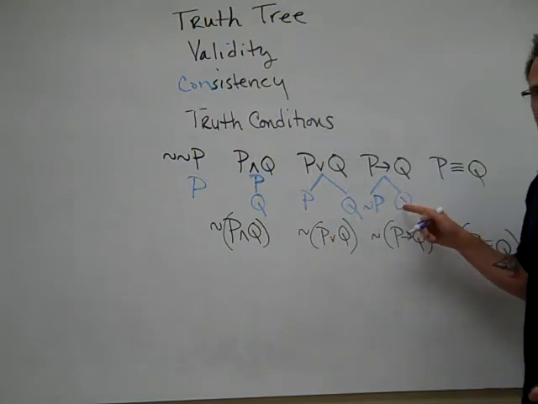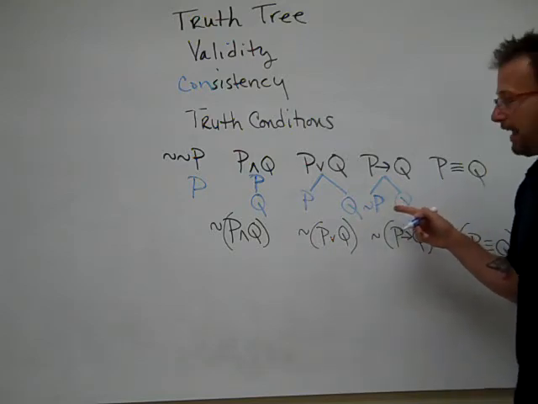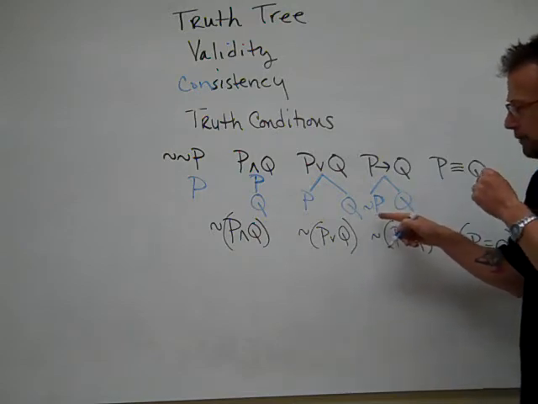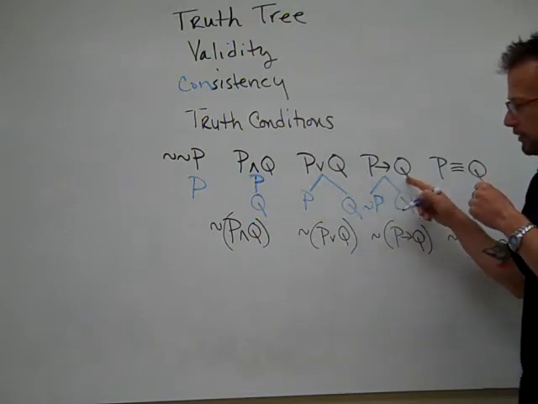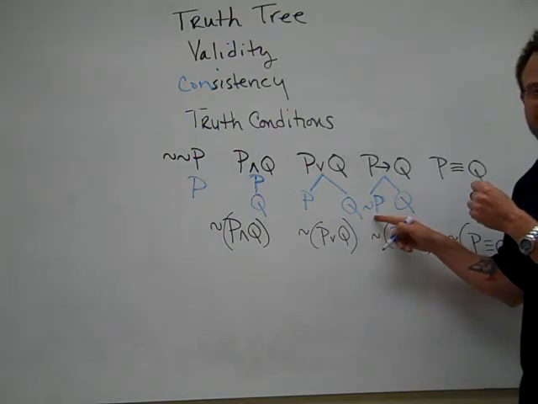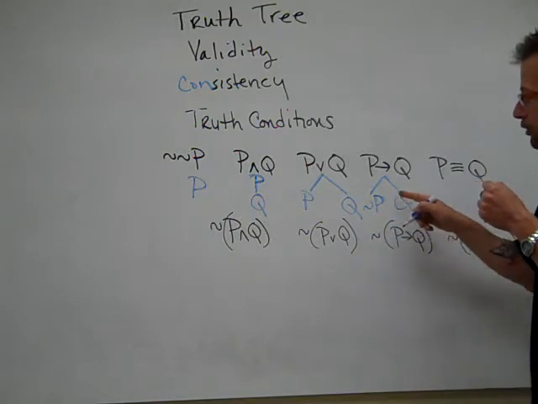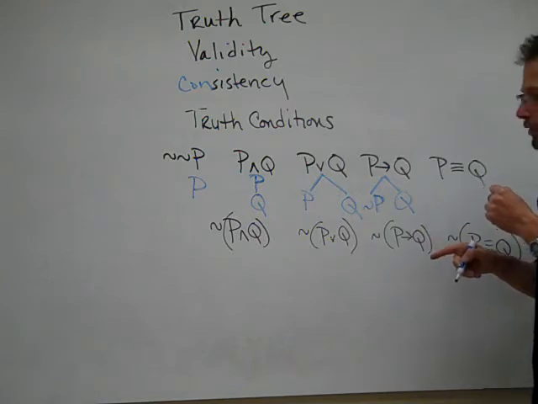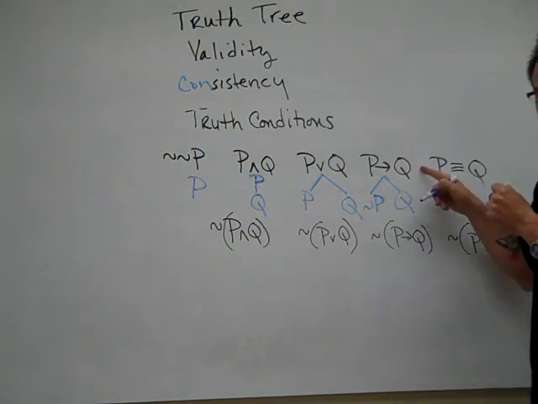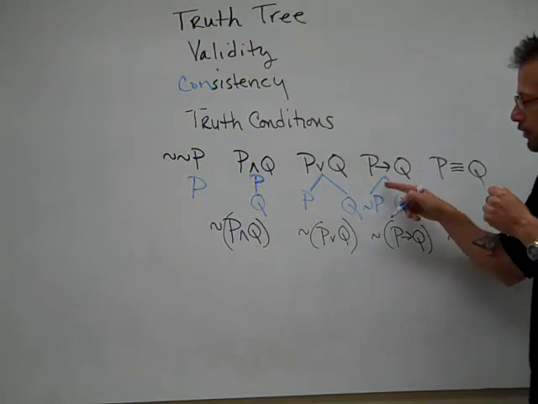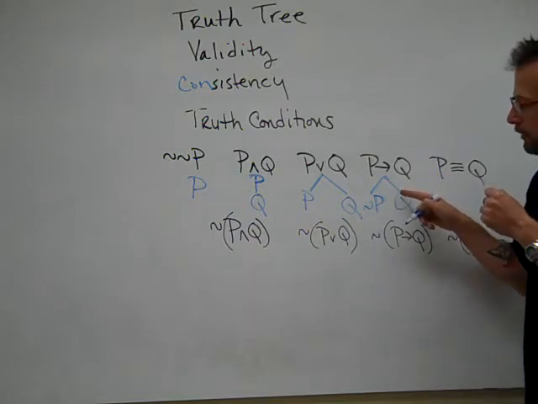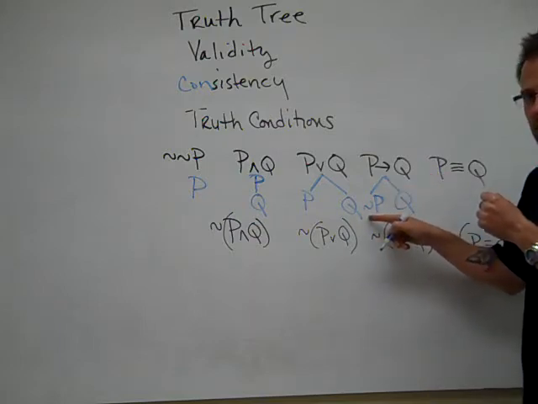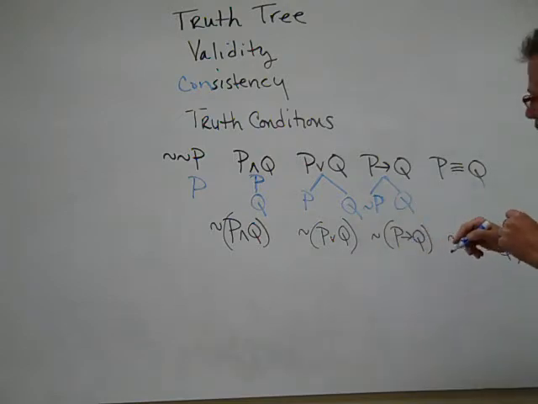Notice if both of those are the case, we've still met that. If the antecedent is false and the consequent is true, we've met that by saying that the antecedent is false. So ultimately, those are the two cases that it would take to make that statement true. So whenever you see a conditional statement on the truth tree, you'll write below that, you're going to branch, and you're going to say that the antecedent is false and the consequent is true.